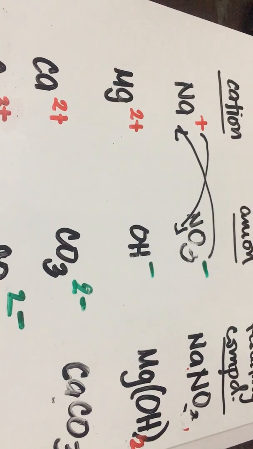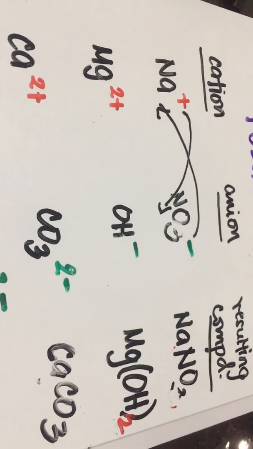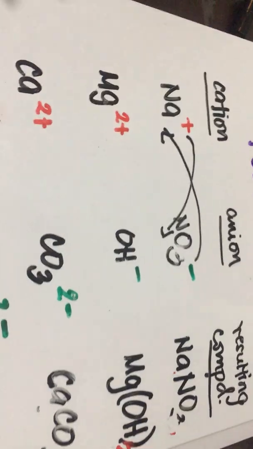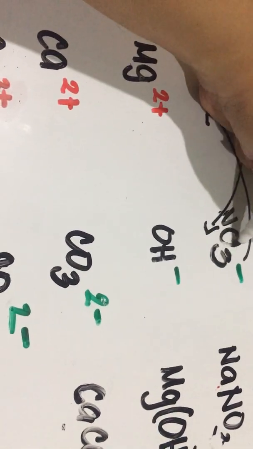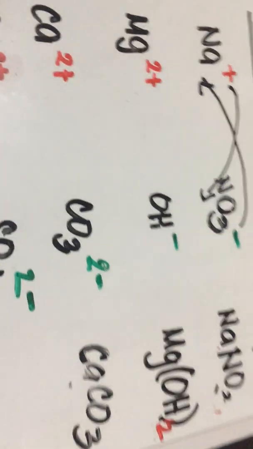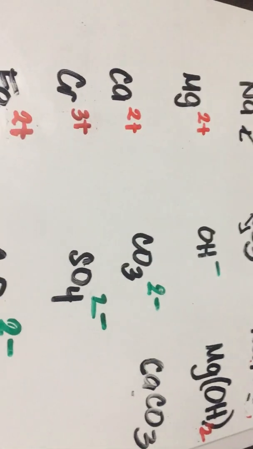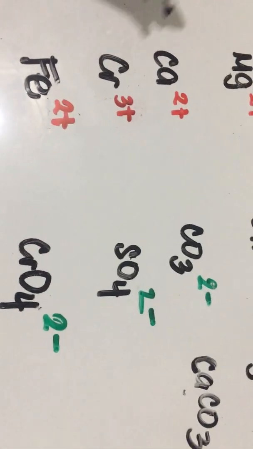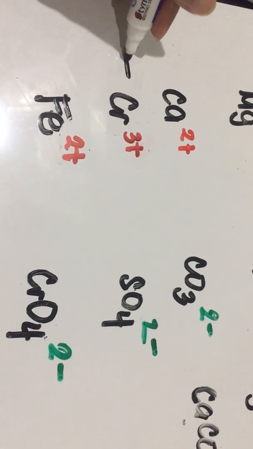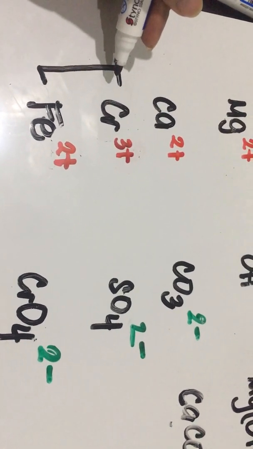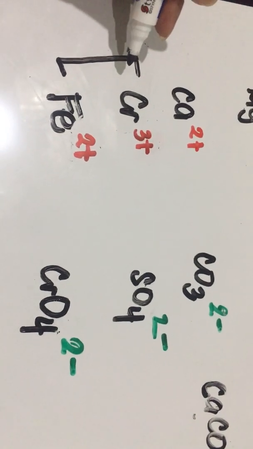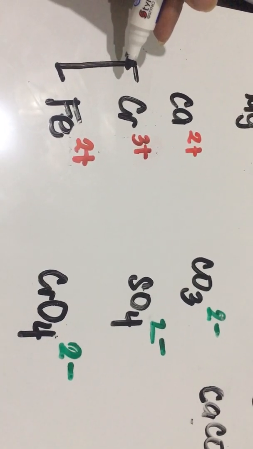They are empirical formulas. Okay, that only works for ionic. If it's for covalent, then we have to report the molecular formulas, right? The next 2 examples are multivalent ions, meaning they are atoms that have variable charges.